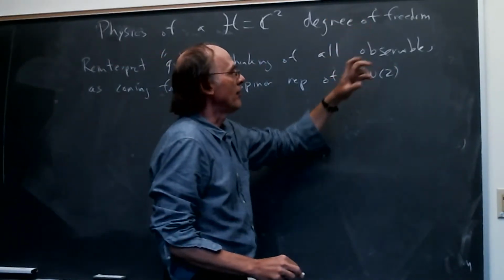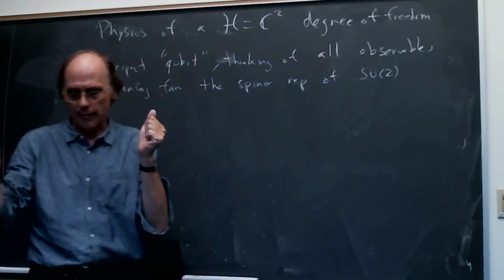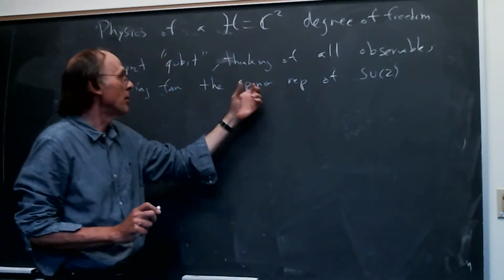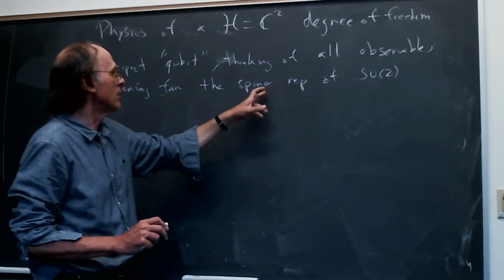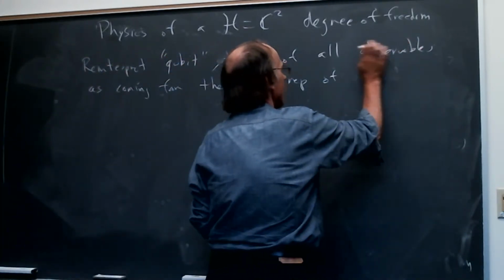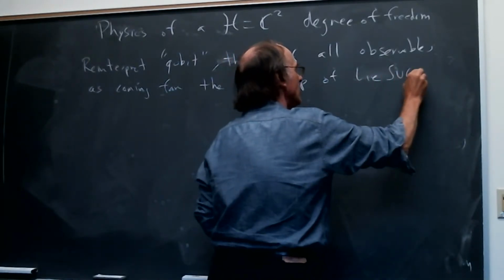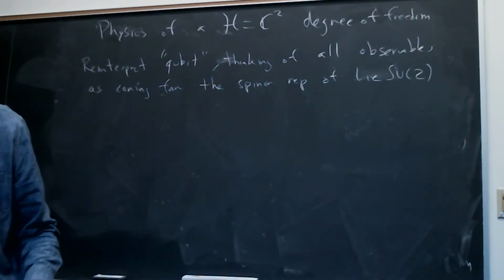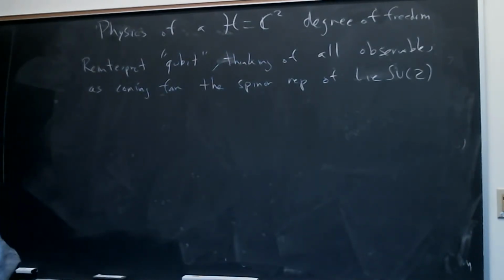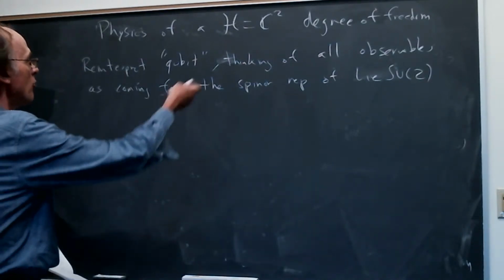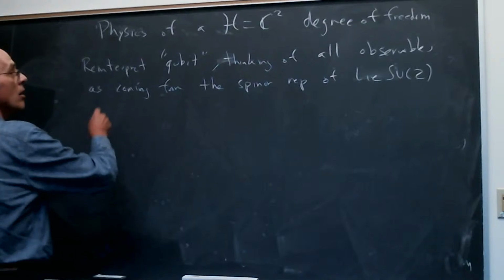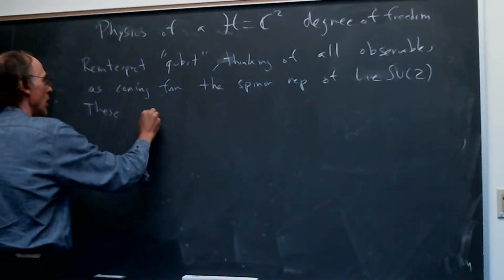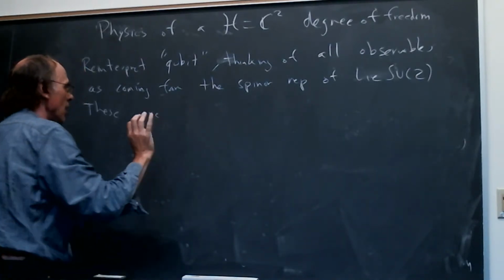So instead of just abstractly saying, I've got a vector space and a bunch of linear operators on it, I should actually say that these come from the Lie algebra of SU2.